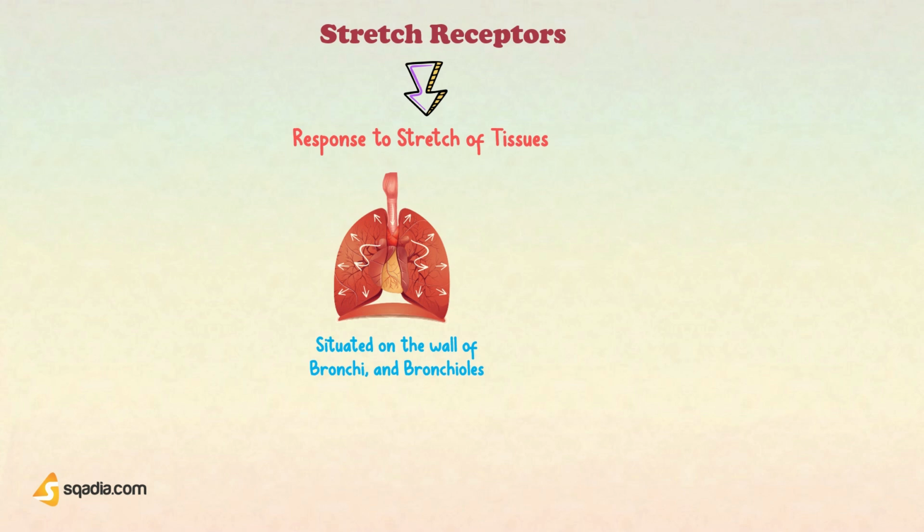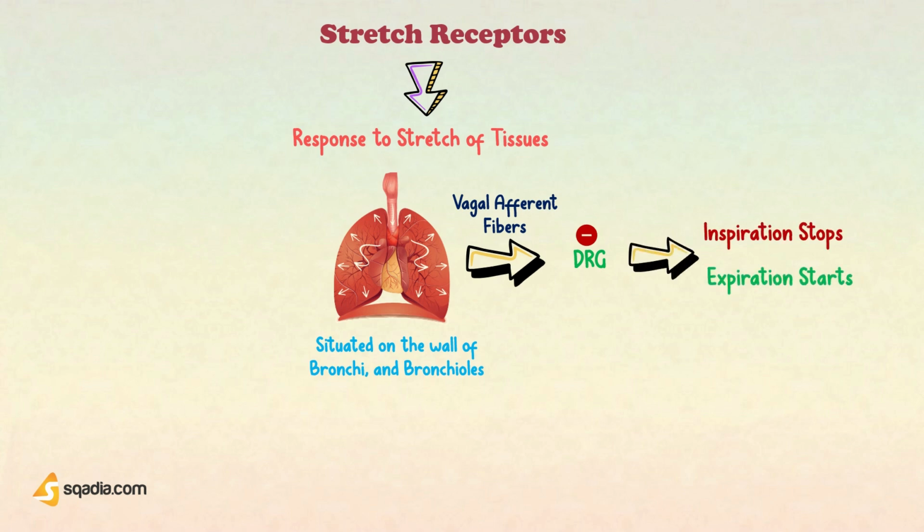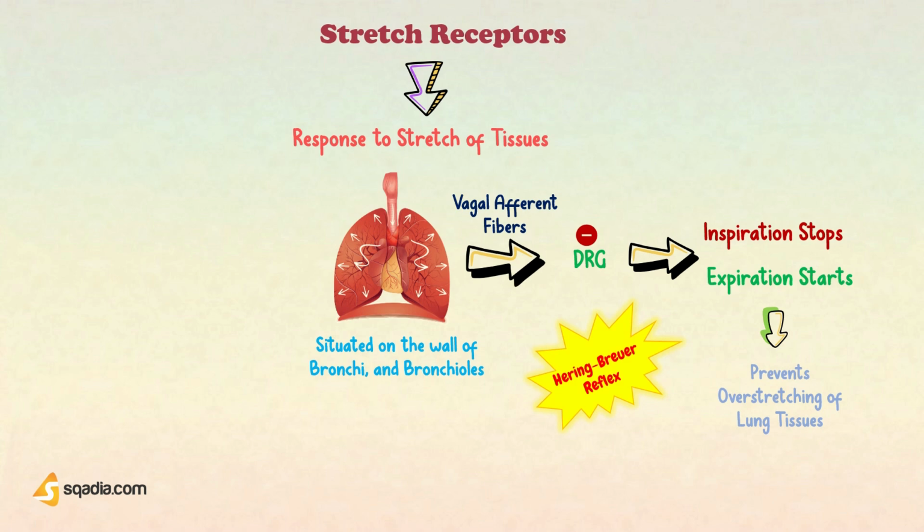Then, impulses from stretch receptors reach the dorsal group neurons via vagal afferent fibers and inhibit them. So, inspiration stops and expiration starts. Thus, the overstretching of lung tissues is prevented, and this is called Hering-Breuer reflex.